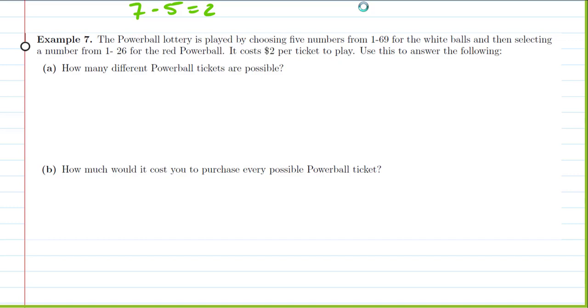The Powerball Lottery is played by choosing 5 numbers from 1 to 69 for the white balls, and then selecting a number from 1 to 26 for the red Powerball. It costs $2 to play. Use this to answer the following question. How many different Powerball tickets are possible?